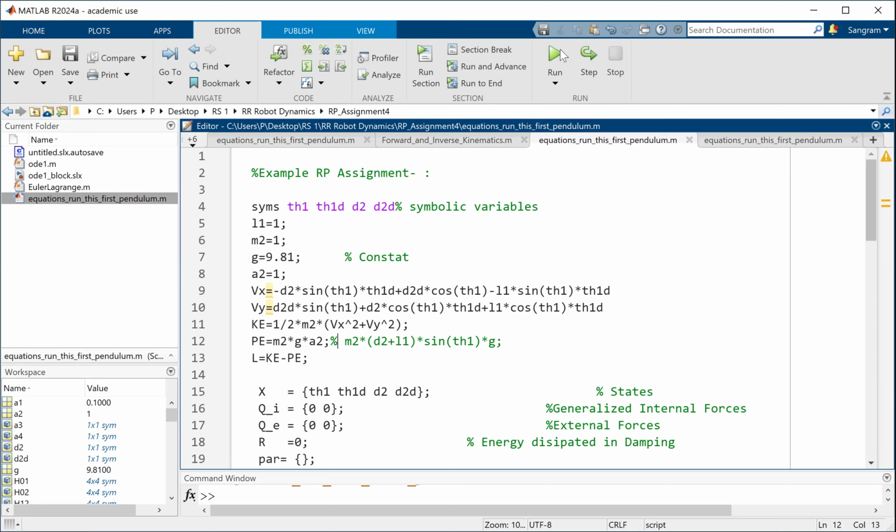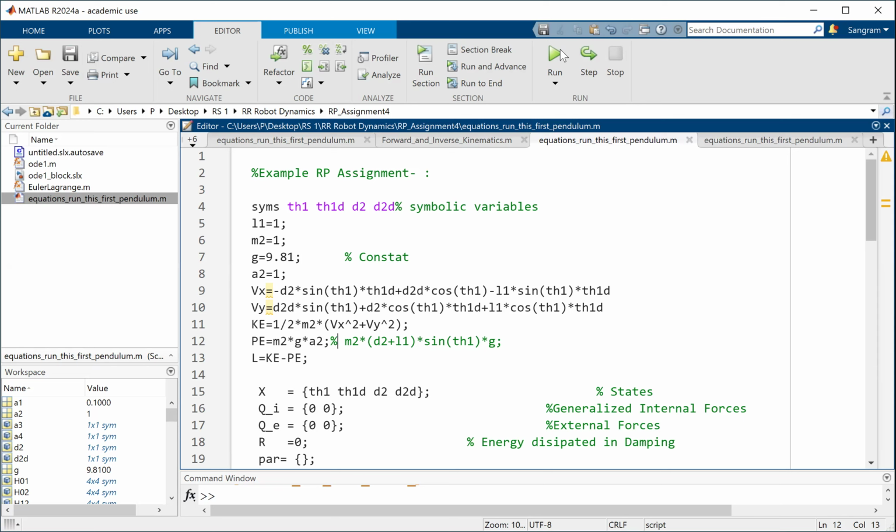Then L1, M1, G, all those values are the constants. Then Vx is nothing but the velocity expression that we derived here. Vy is the velocity expression that we derived here. Kinetic energy is 1/2 multiplied by m2 in the parentheses, x velocity square plus y velocity square.